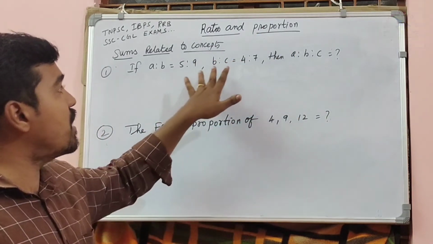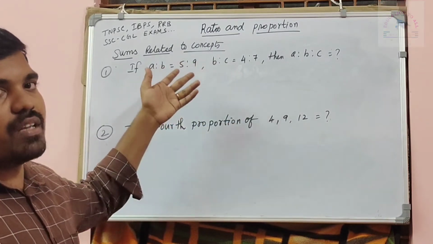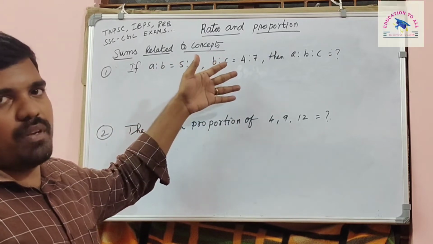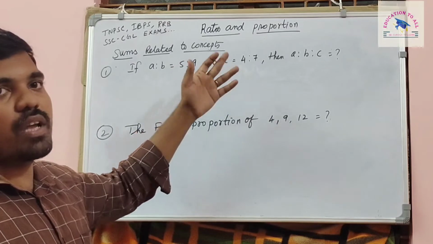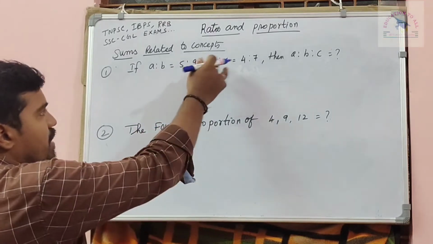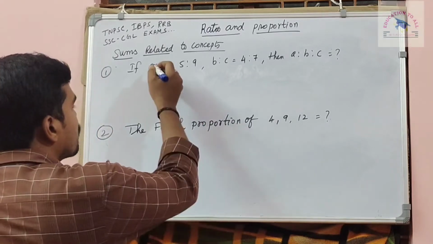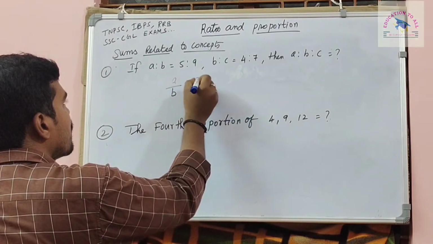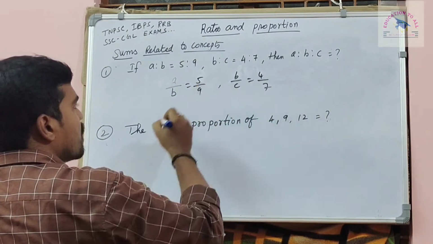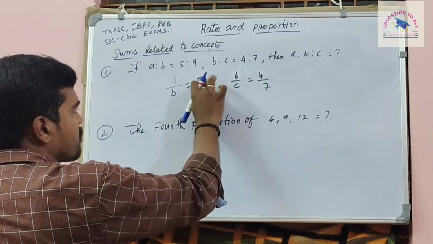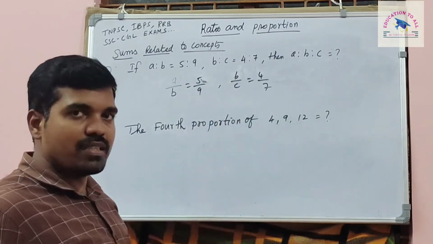I have to find the common multiple of 9 and 4, which is the LCM. If I find the common multiple, then I can make both B's, 9 and 4, equal. So what is the LCM of 9 and 4? 36 is the LCM of 9 and 4. So now, A by B is 5 by 9. Next, B by C is 4 by 7. So you multiply. The LCM of 4 and 9 is 36, as I told.